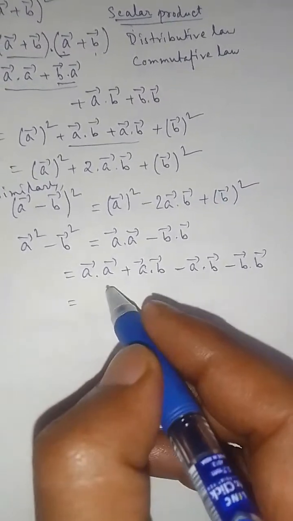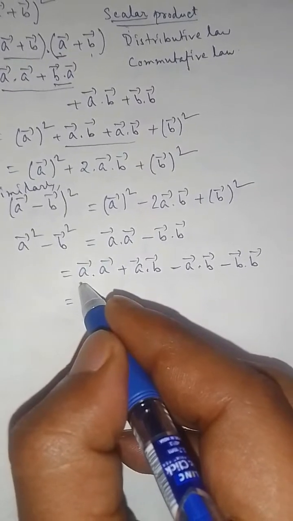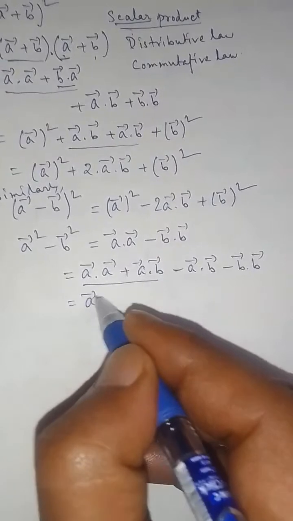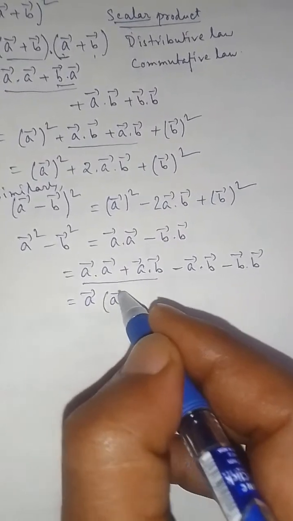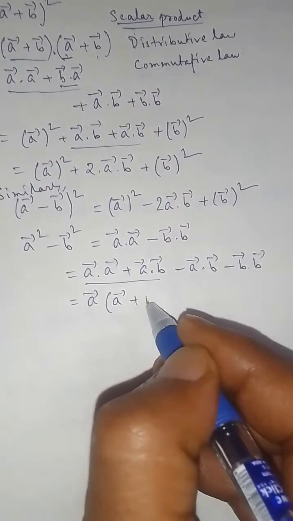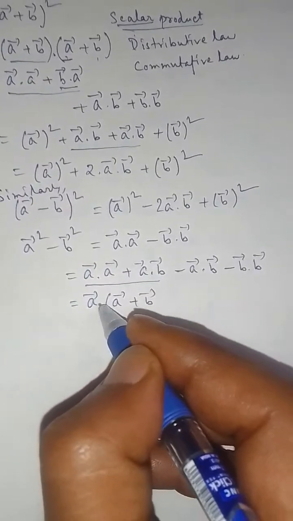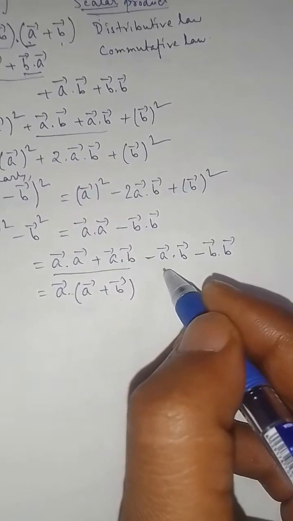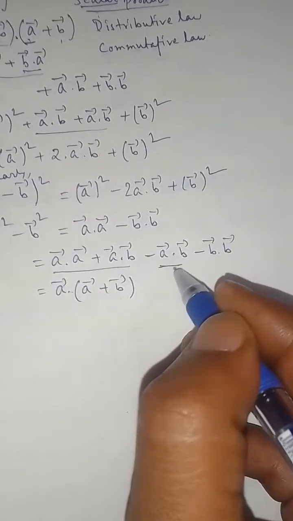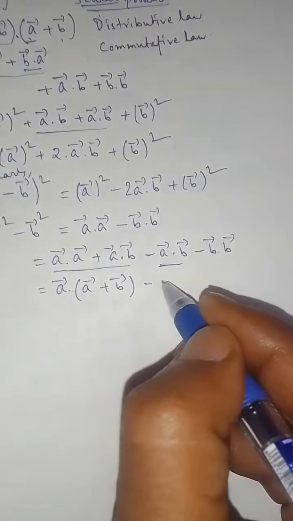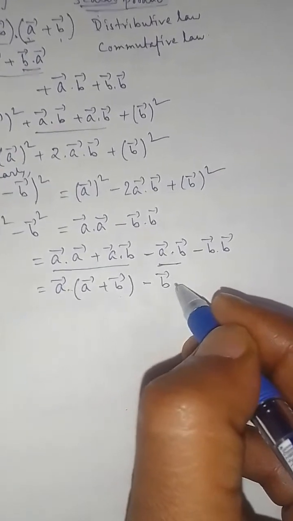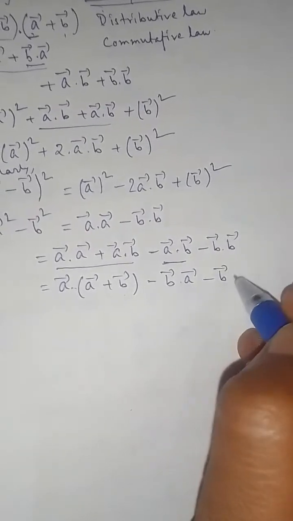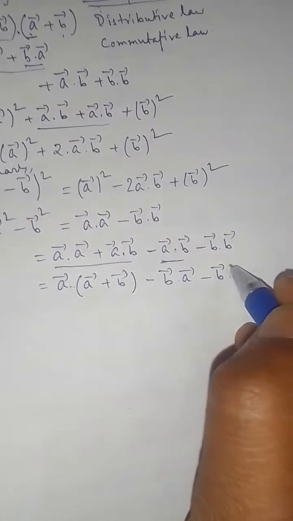So if we know that square product satisfies distributive law, so it will be a vector plus b vector, and here it satisfies also commutative law. So you can write down b vector a vector minus b vector multiply b vector.